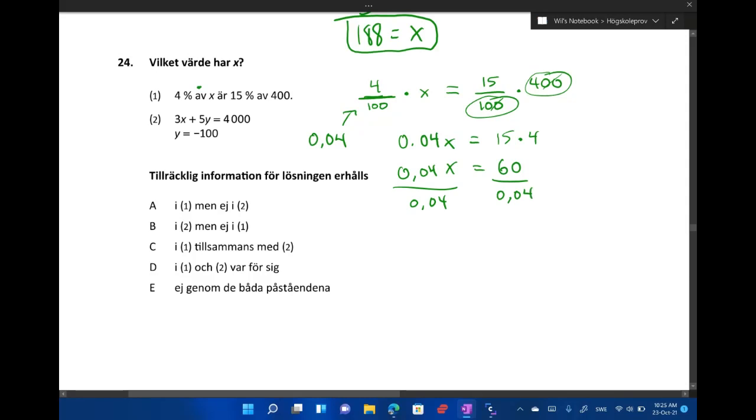This is the same as 60 divided by 4 over 100. We could have simplified that earlier. 4 over 100. If we simplify that, if we divide this by 4, divide this by 4, that's the same as 1 over 25.